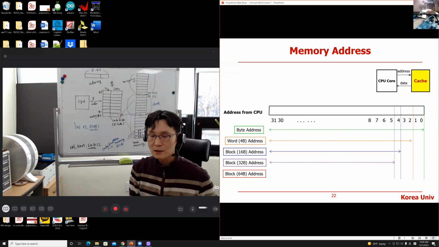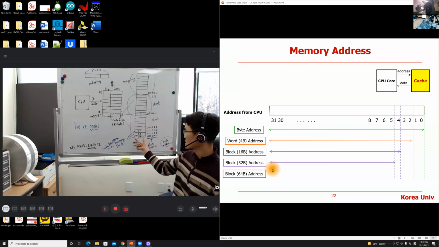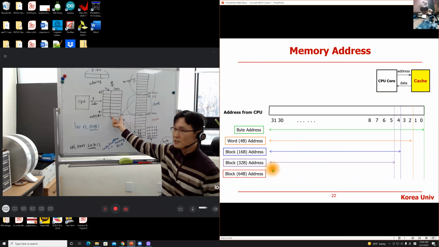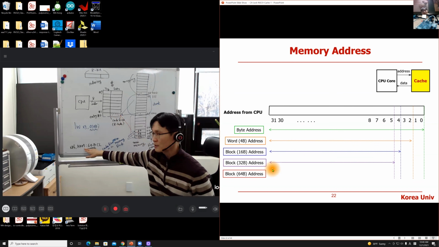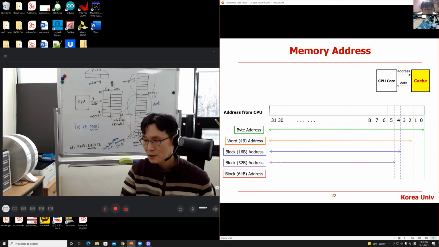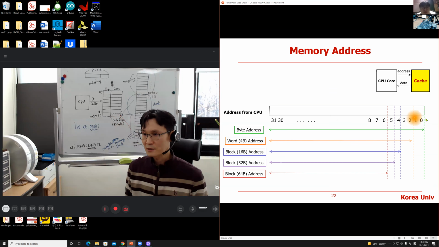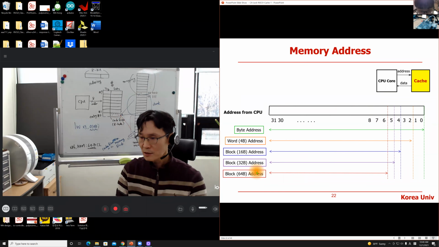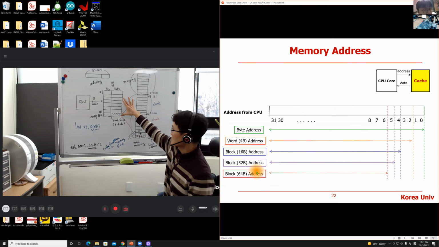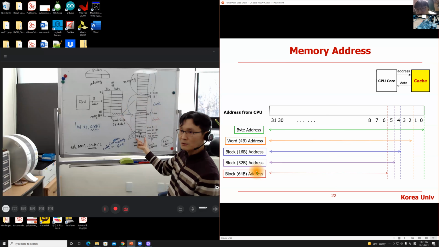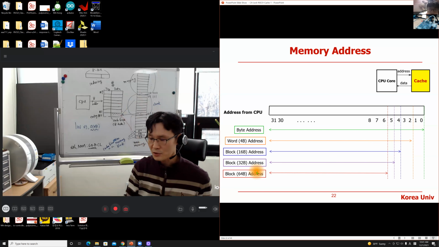If the block size, or cache line size, is 64 bytes, like Intel smartphone CPU, you can just ignore the last 6 bits. Then the remaining, how many bits? 32 minus 6, 26 bits will be the block address. Again, because data transfer between cache and main memory is based on blocks, it's better to use the block address. Let's use the block address.